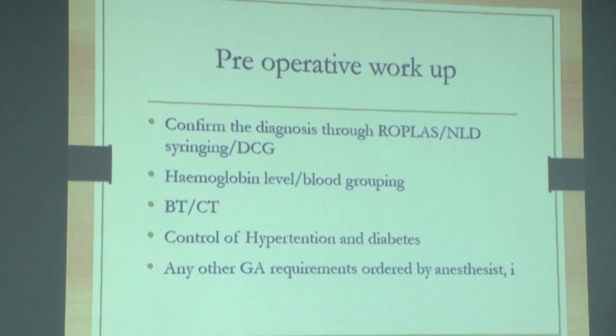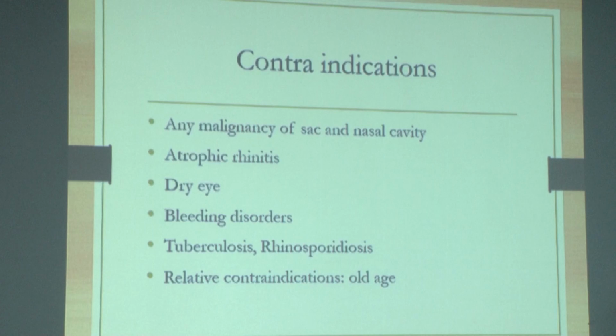Since it is notorious for hemorrhage, hemoglobin, blood grouping, BT and CT should be done, and control of hypertension and diabetes as in any other surgery, and any other GA requirements if it is to be done under GA. Most of the time it is done under LA, especially in adults.